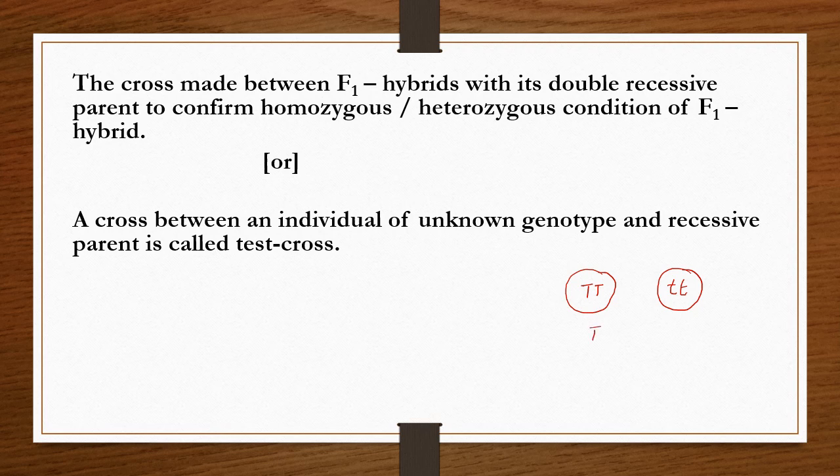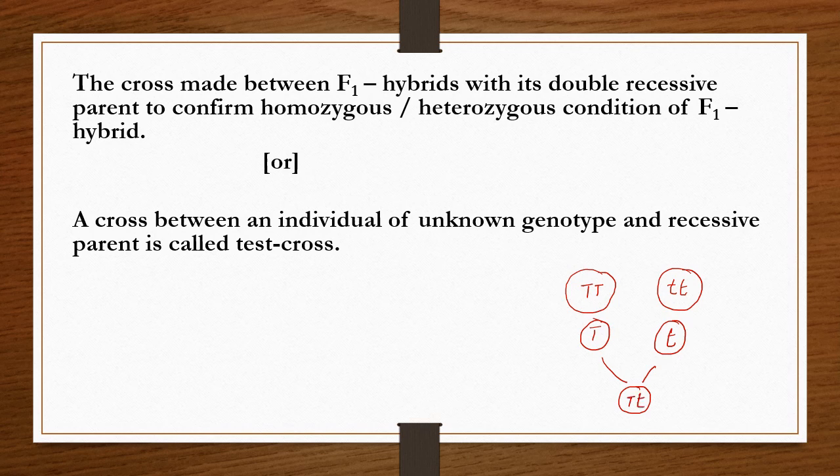They produce gametes, the female with T and the male with small t, and during fertilization these two fuse to form the F1 hybrid.